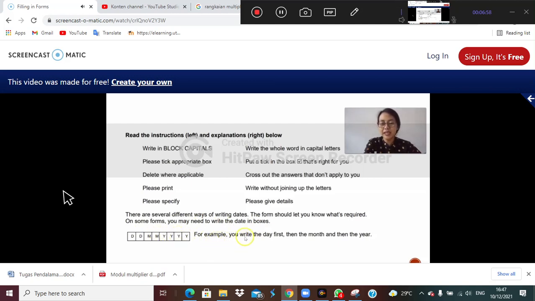For example, you write the date first, because what is asked is DD, the date, then MM, the month, and the year. Sometimes, if they require you to write the month first, then it must be written MM, DD, YY. So you need to pay attention to the instructions on a form.